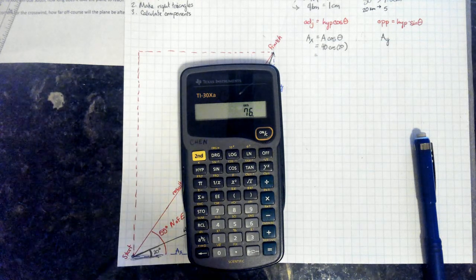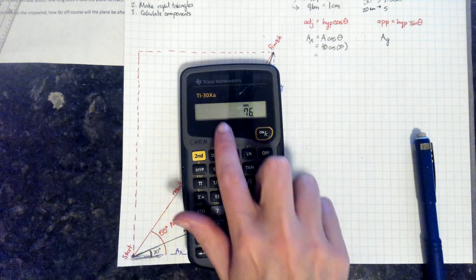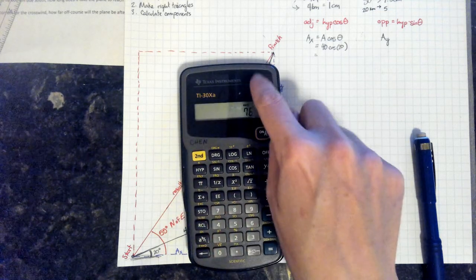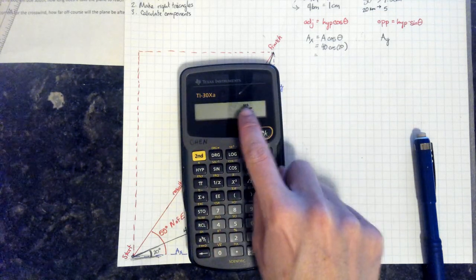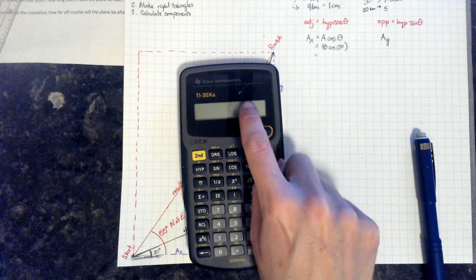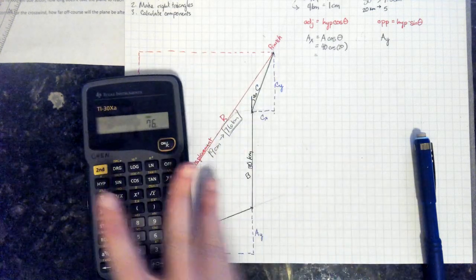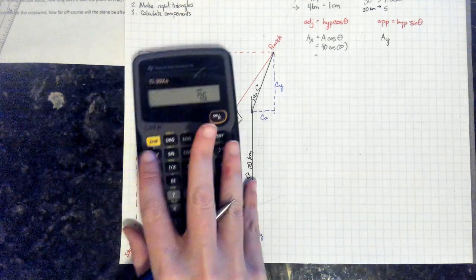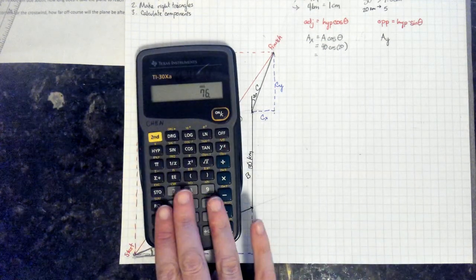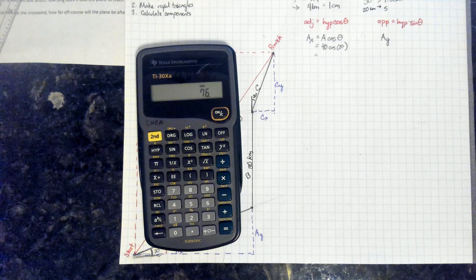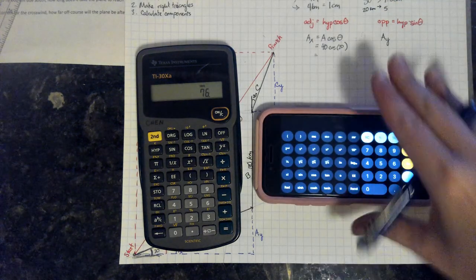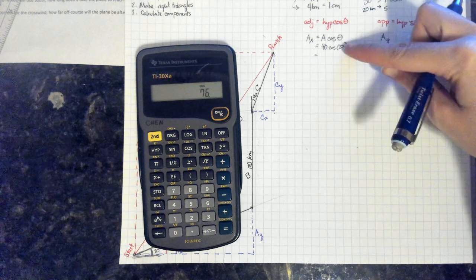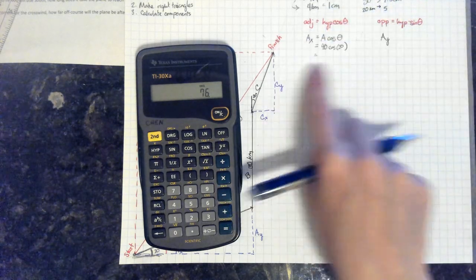On the TI Inspire, there's a little touchpad and you scroll up to the top, and it also has an indicator at the top. It's really simple. You just click on the indicator. And remember, if you're using either a scientific calculator like this or a phone calculator, you're going to have to do this backwards rather than forwards.